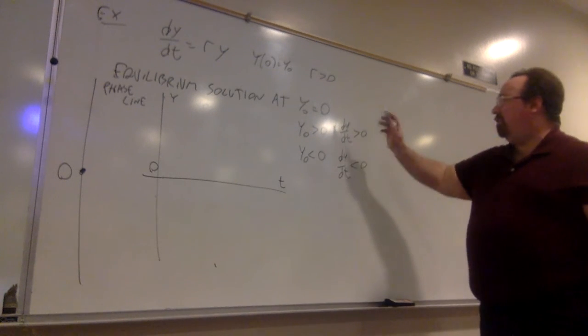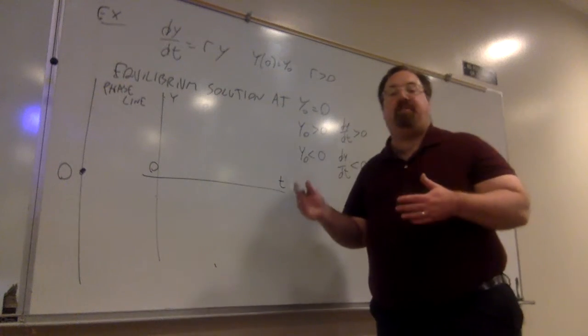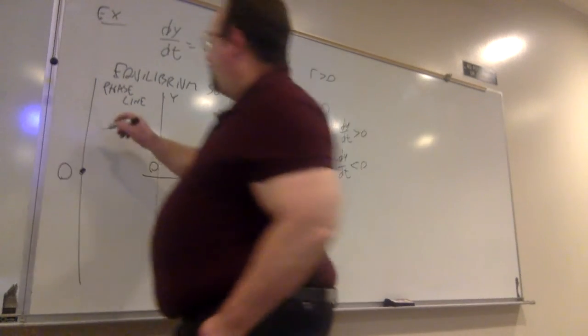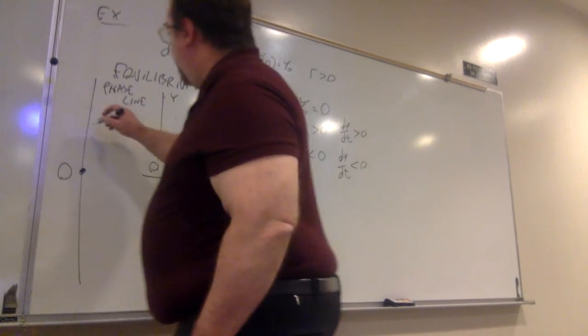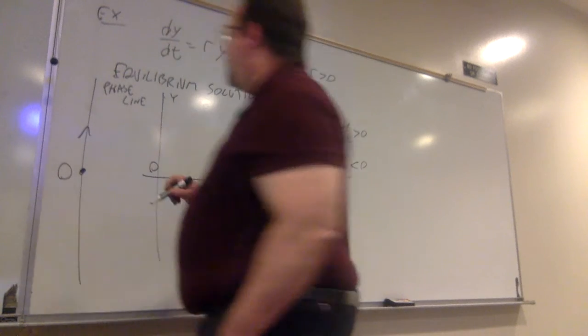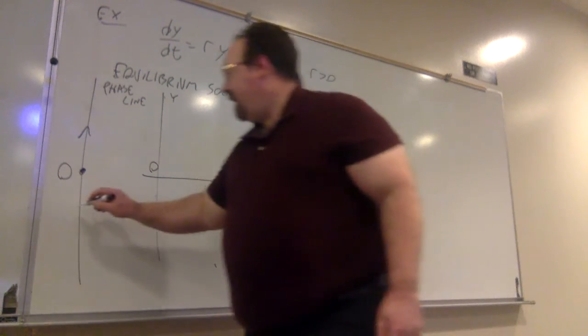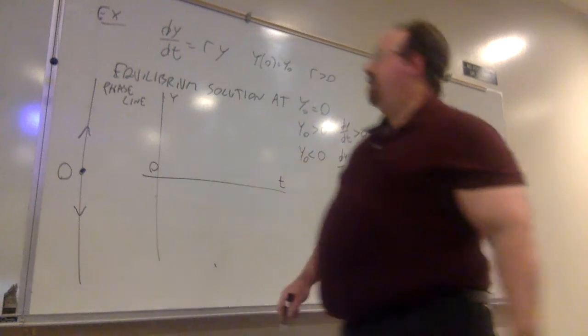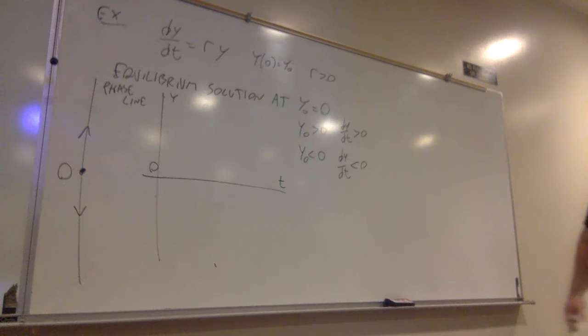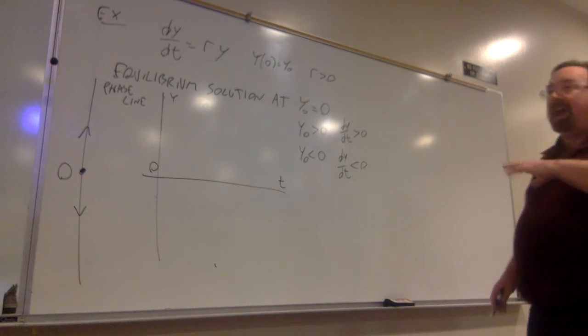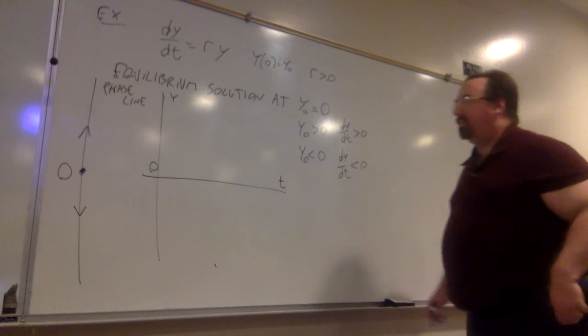Once you determine positive or negative, we indicate this on the phase line by putting an arrow going in this direction for positive, and in this direction for negative. So this gives us an idea of how solutions are behaving with respect to an equilibrium solution when y naught goes away from that equilibrium value.